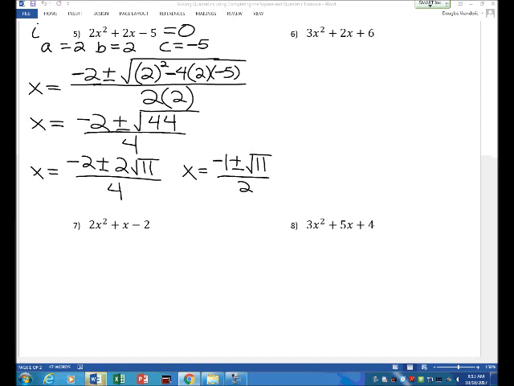You don't have to include a 1 in front of a square root, but if you wrote a 1 right there in front of the square root of 11, that's fine. It's not wrong. -2 divided by 2 is -1. 2 divided by 2 is +1. 4 divided by 2 is 2.